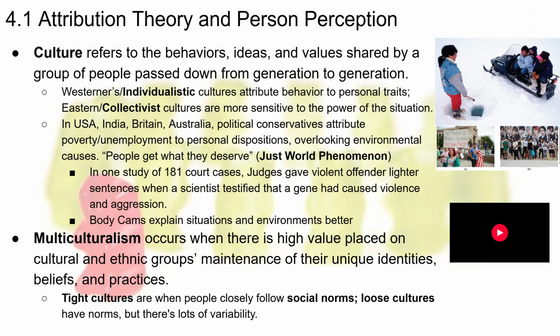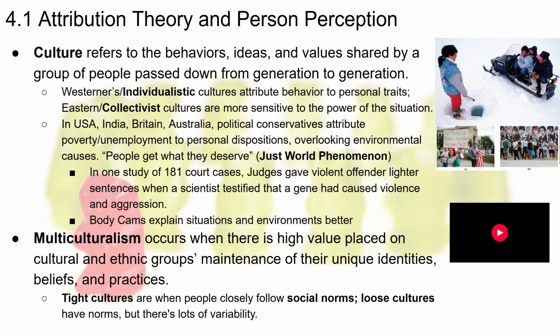Just because someone did something that you don't necessarily agree with or you think might have been wrong, that doesn't mean they deserved it. If you look at this case here, this comes from your textbook. Judges gave a violent offender a lighter sentence when a scientist testified that a gene had caused violence and aggression, kind of showing that people can't change their circumstances and situations, so they deserve whatever outcome they're given.